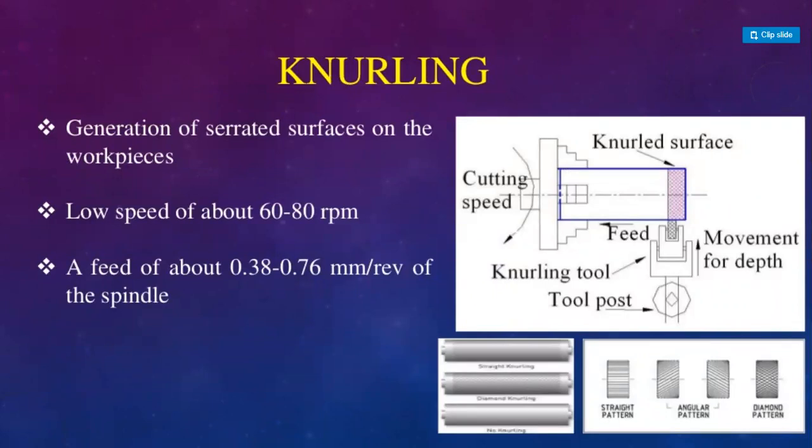It is done at a very low speed, 60 to 80 rpm, and the feed is 0.38 to 0.76 millimeter per revolution of spindle. In every operation, we have to consider the cutting parameters like depth of cut, feed, and speed.